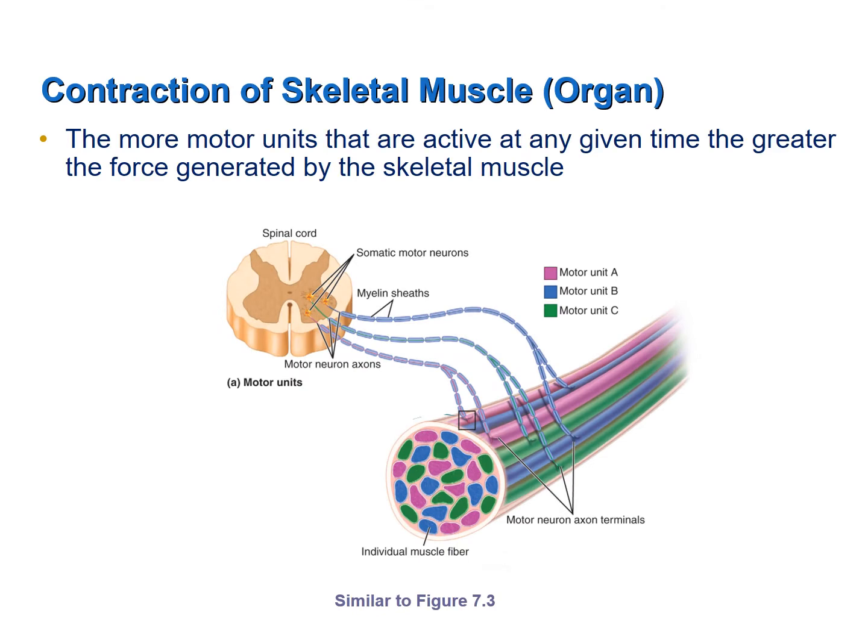Recall that a motor unit is a motor neuron and all of the skeletal muscle fibers that it stimulates. Therefore, the more motor neurons that are actively stimulating their respective skeletal muscles at any given time, the greater the force will be generated by the skeletal muscle.